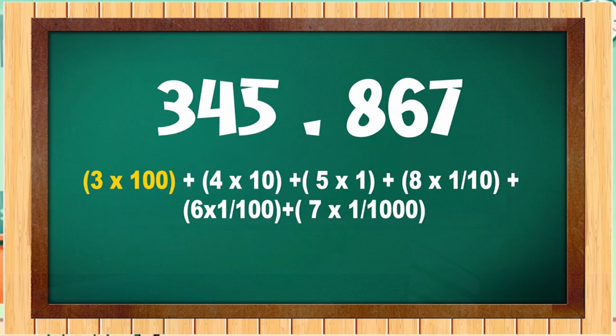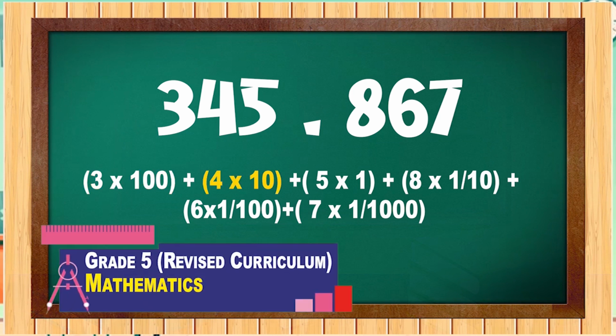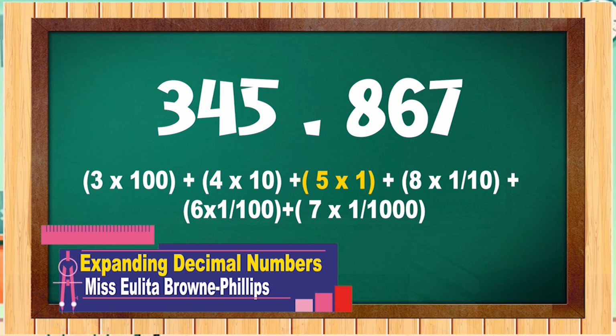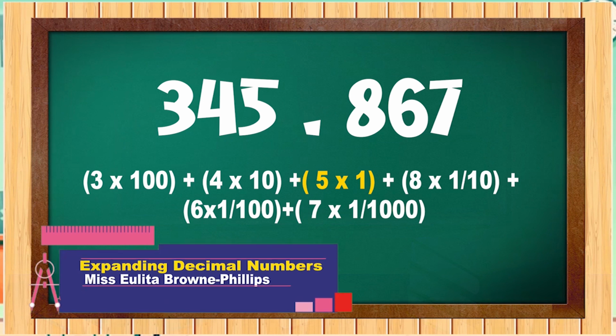So we will multiply 3 times 100 because 3 is in the hundreds place, plus 4 times 10 because 4 is in the tens place, plus 5 times 1 because 5 is in the ones place.